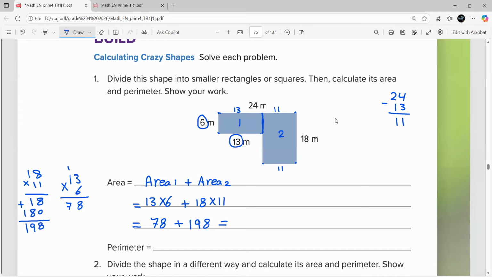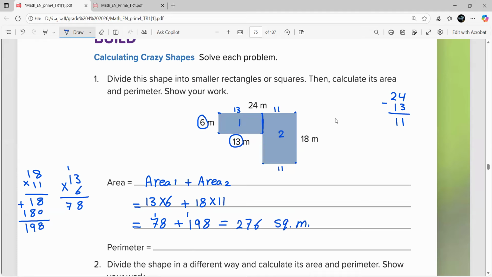Now add 78 plus 198. 8 plus 8 equals 16, and 7 plus 9 equals 17, 1 plus 1 equals 2, so it will be 276 square meters.